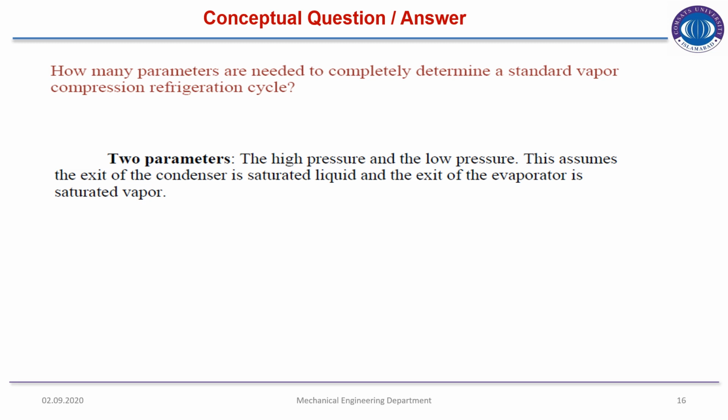So how many parameters are needed to completely determine the standard vapor compression refrigeration cycle? There are two main parameters: the high pressure and the low pressure. This assumes the exit of the condenser is saturated liquid and the exit of the evaporator is saturated vapor.